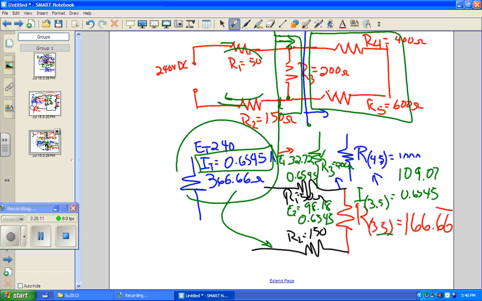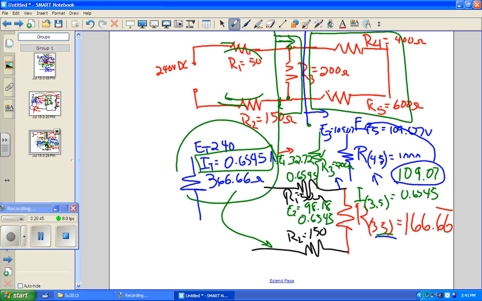You see that? Now, since it's a parallel branch, what are we going to take from our 3 through 5 totals? It's a parallel branch. We're going to take our voltage up here, and we're going to have E4 through 5 is 109.07 volts, and R3, which is 200 ohms all by itself, is 109 also.